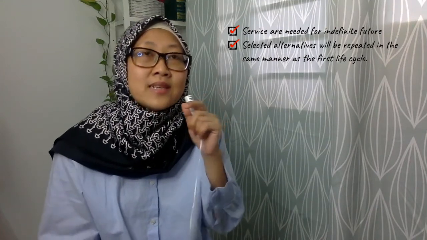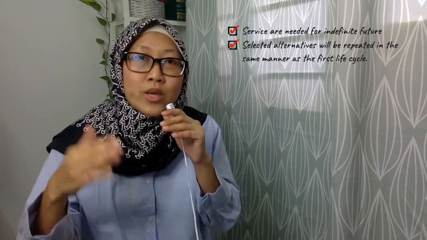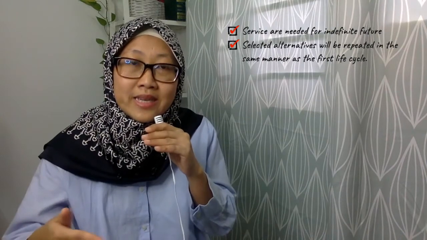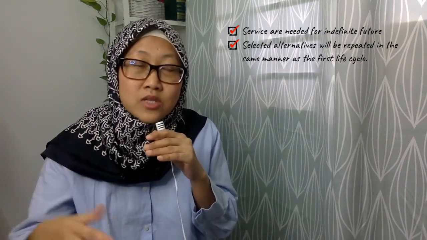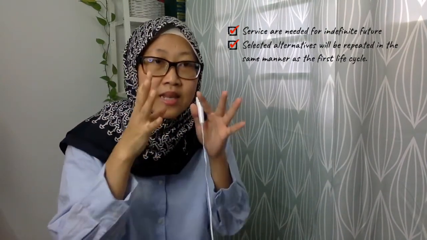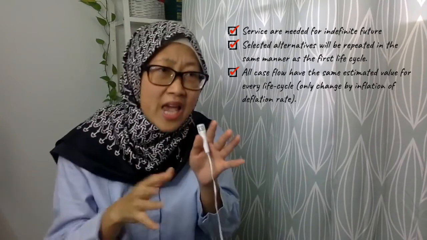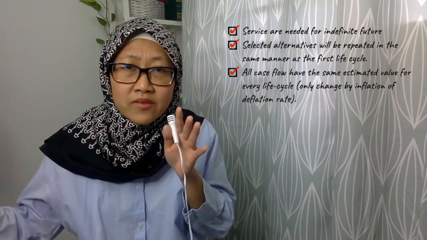The second one is that we assume that the selected alternative will have the same pattern in the subsequent life cycles. So the same pattern as in life cycle 1, life cycle 2, life cycle 3, all will have the same cash flow pattern. And the third one, we assume that all cash flows have the same value for all life cycles.